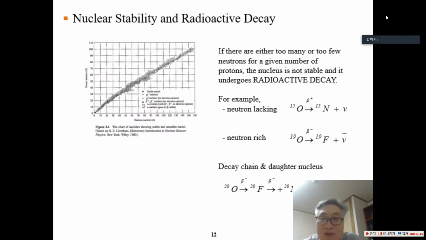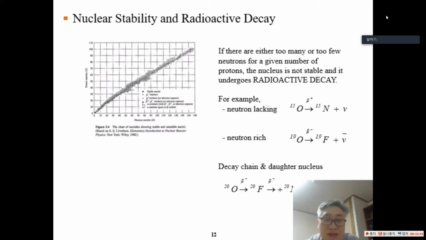In the smaller, lighter elements, the number of protons and the number of neutrons is quite equal, 1 to 1. But for the heavier particles, the number of neutrons is larger than the number of protons.